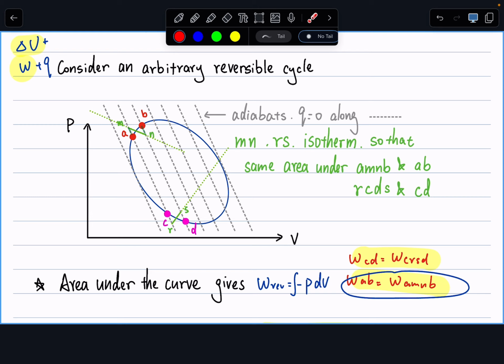In my diagram, MN and RS are my isotherms. AC, BD, MR, and NS are all on my adiabats. So we have my Carnot cycle, MRSN. That defines a Carnot cycle.